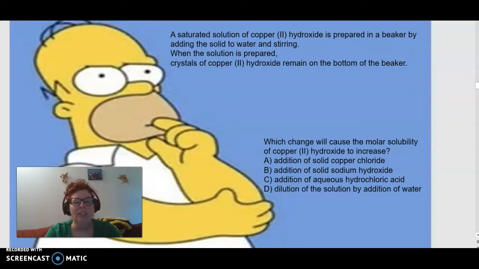When the solution is prepared, crystals of copper 2 hydroxide remain on the bottom of the beaker. So which change will cause the molar solubility of copper 2 hydroxide to increase? Fancy words for what we just talked about. How do we increase the solubility?